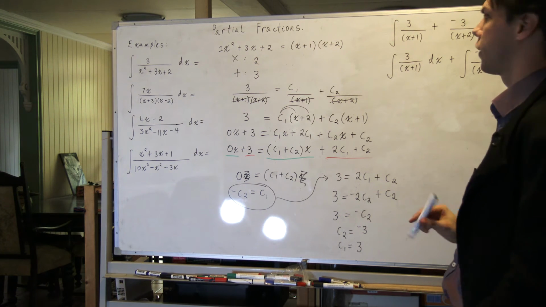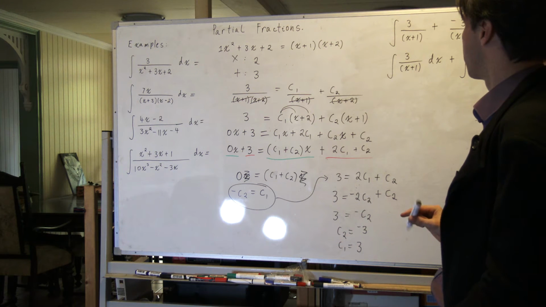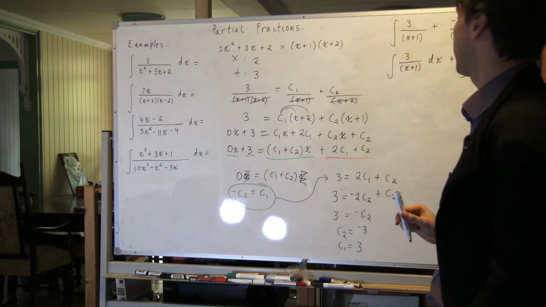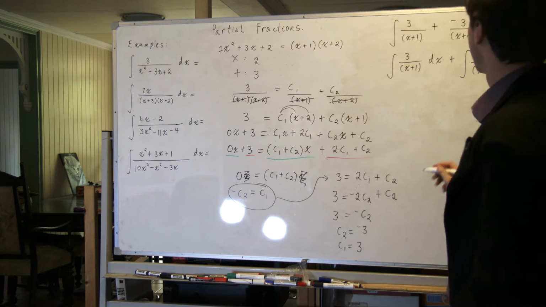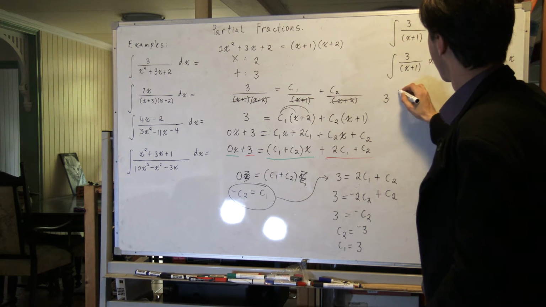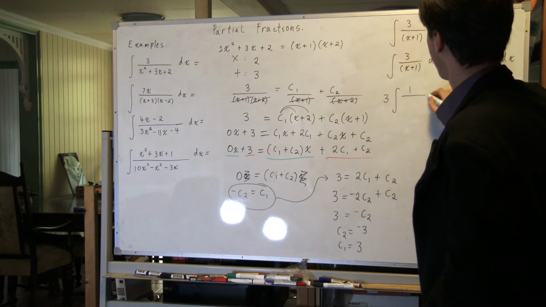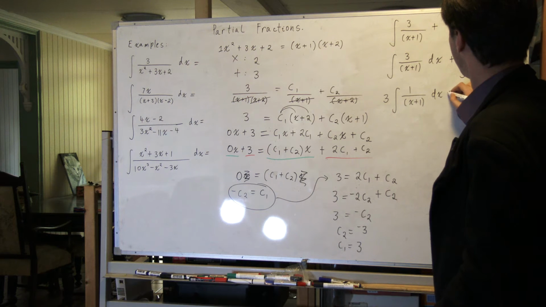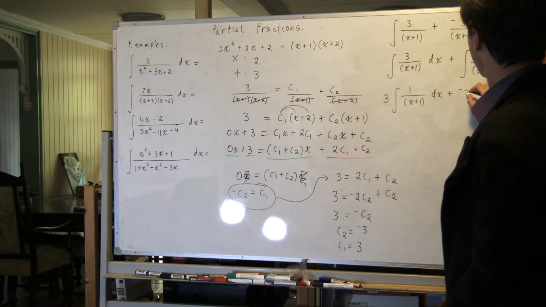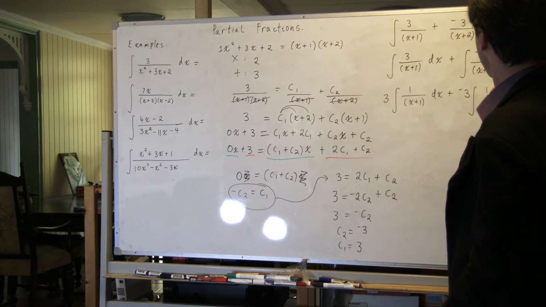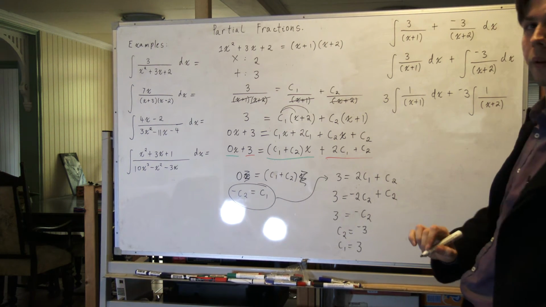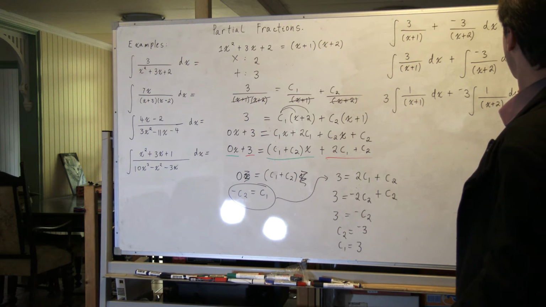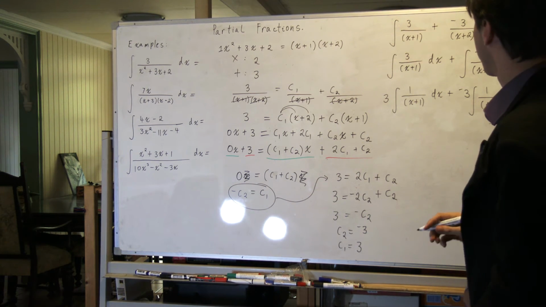And now this looks like a substitution problem, because I can take the 3 and the negative 3 out the front, and this is like 3 times 1 over x plus 1 with respect to x, plus negative 3 times 1 over x plus 2 with respect to x.